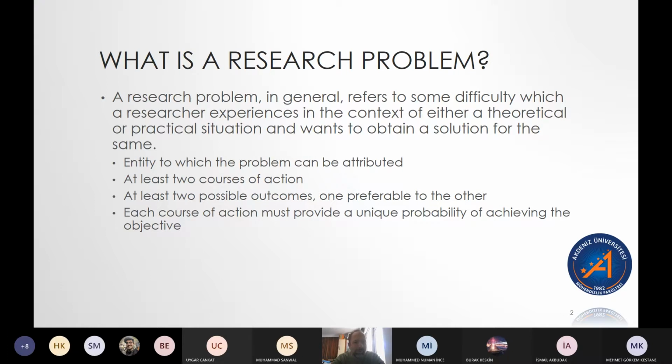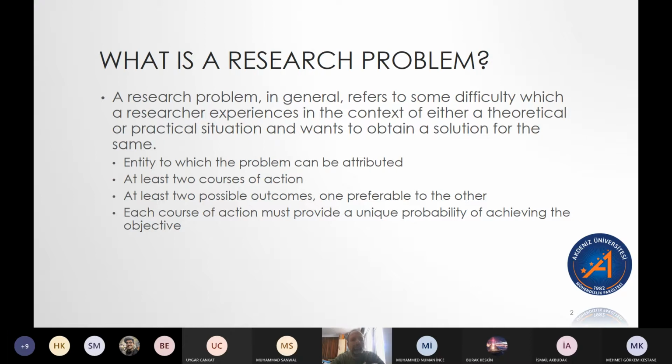For the courses of action, there must be at least 2 possible outcomes, and one should be preferable to the other. In other words, one is more desired. If there are 2 possible outcomes and they're both equally okay, then we don't really have a problem. We can take either course, it doesn't matter. We can flip a coin. And then we should have a unique probability of achieving the objective.